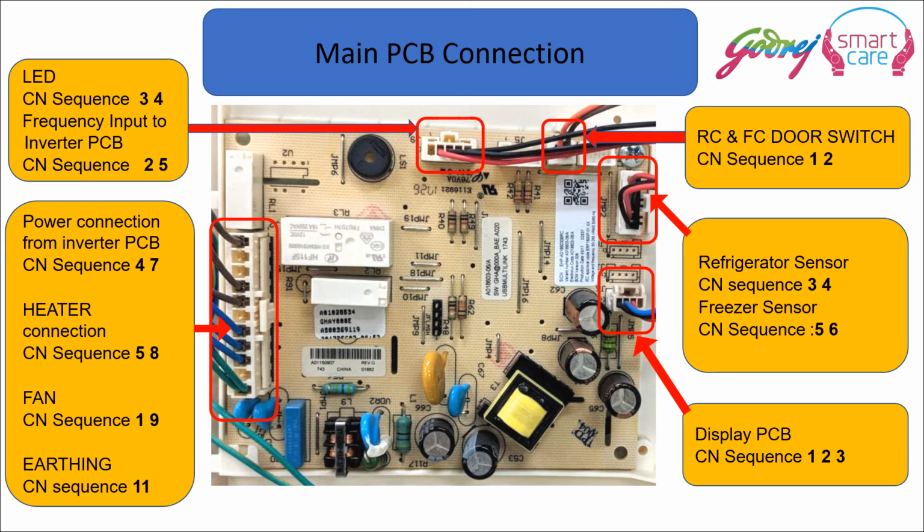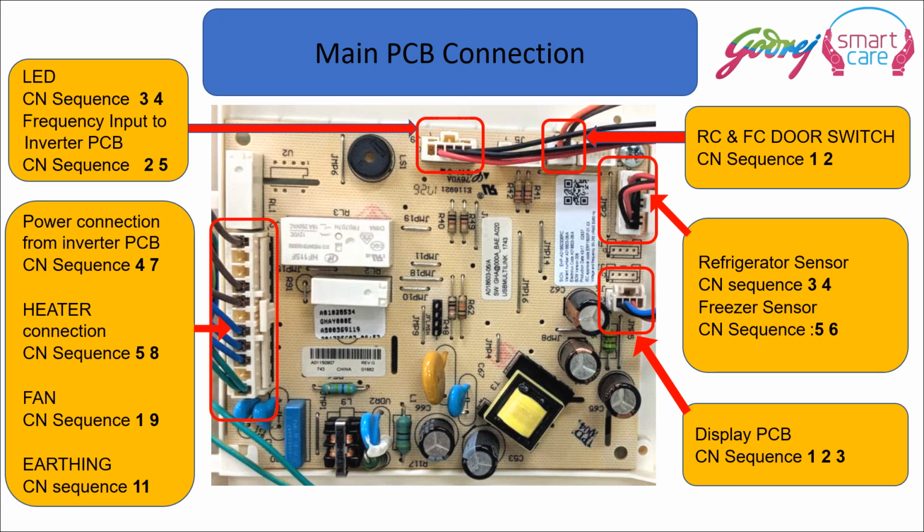The terminal at the top with the red and black wires is for the LEDs, and to the right of that there is a small connector where you can find the refrigerator and freezer door switch. Then to the right of that, vertically at the top, you can find a connector where the refrigerator sensor and freezer sensors are connected, and below that there is an outgoing connector to the display PCB.